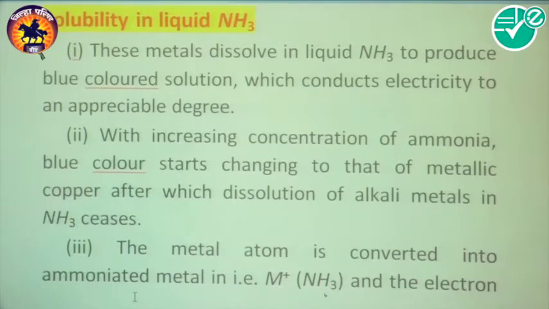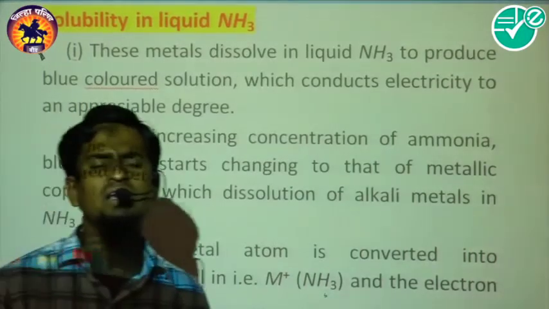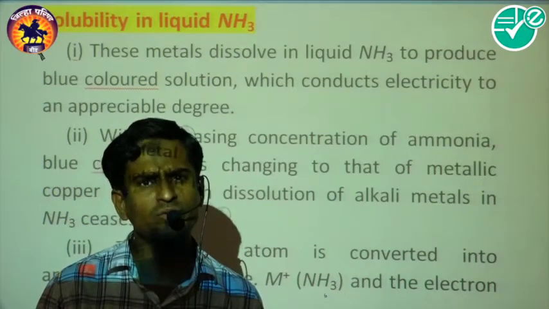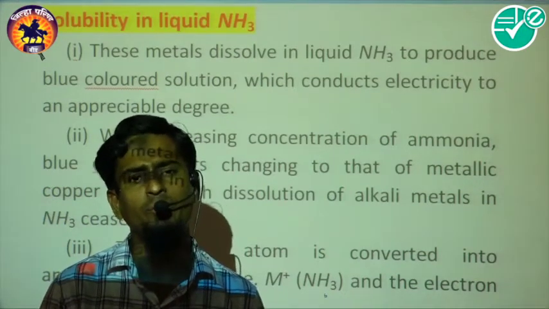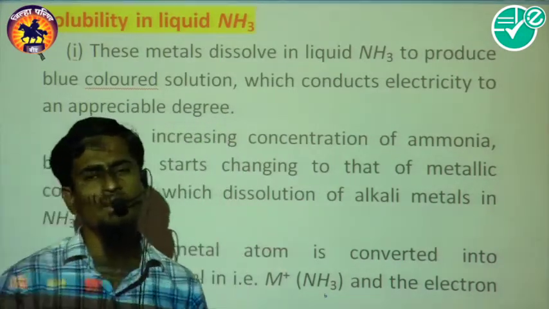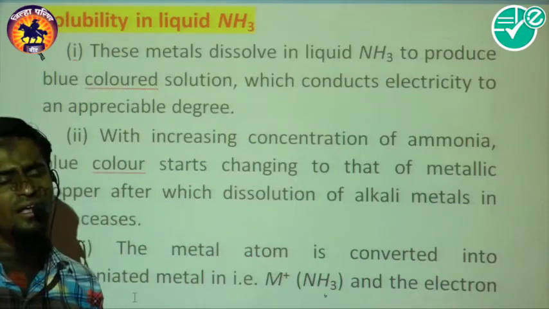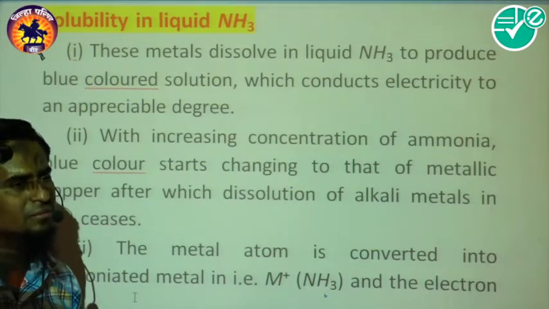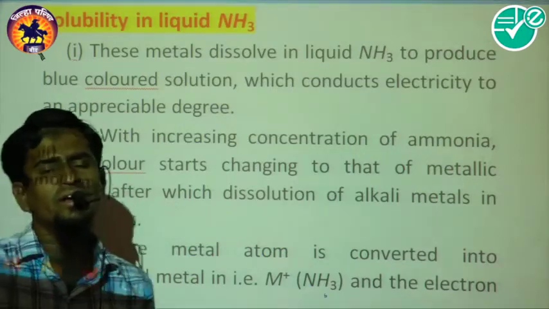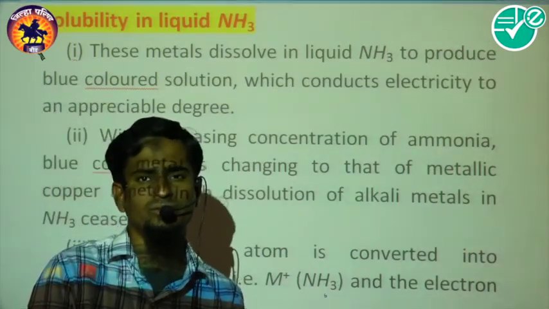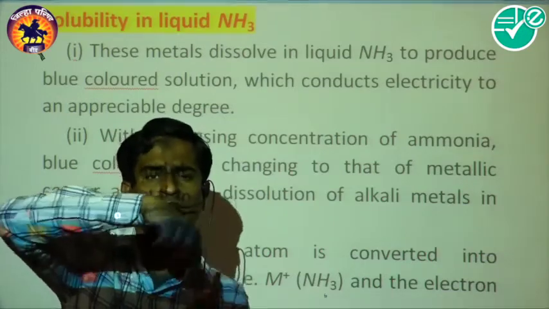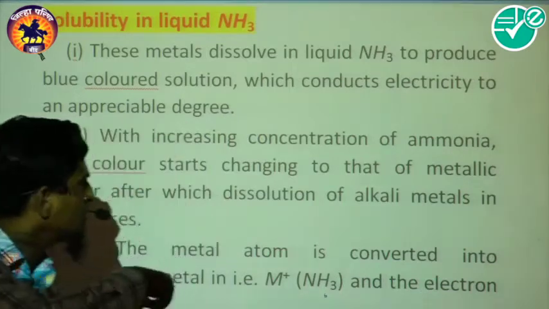Solubility in liquid ammonia. Alkali metals are highly soluble in liquid ammonia, and they give a deep blue color to that ammonia solution, because these metals, that is lithium, sodium, potassium, rubidium, dissolve in ammonia and generate free electrons. The metal is ammoniated with ammonia solution, and also the electron.